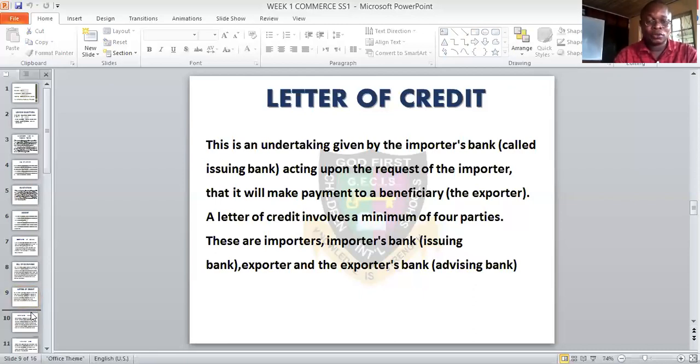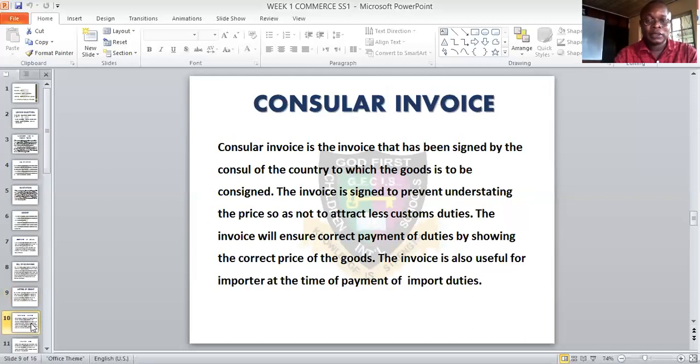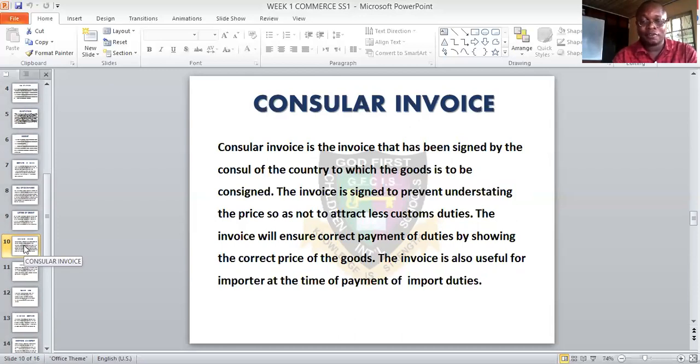The next one is the consular invoice. This is the invoice that has been signed by the consul of the country to which the goods are to be consigned, to which they can deliver the goods.